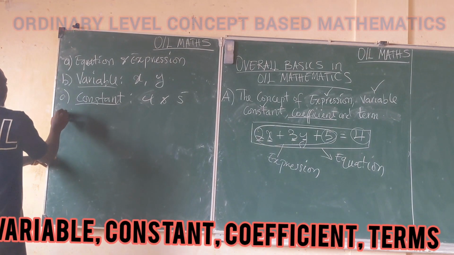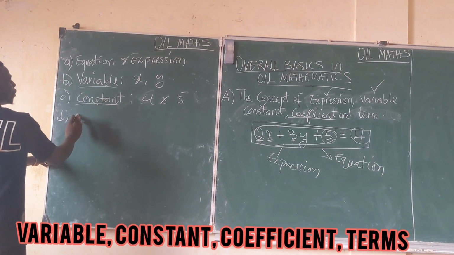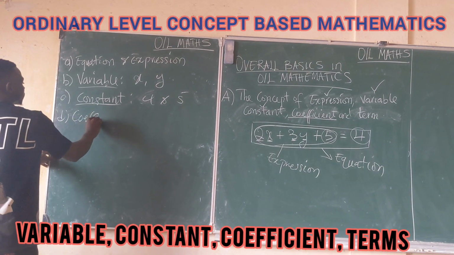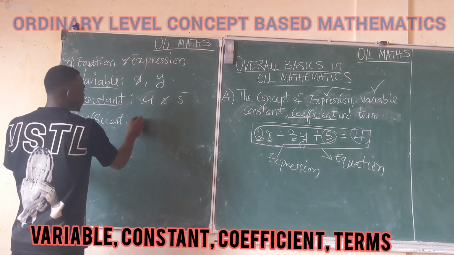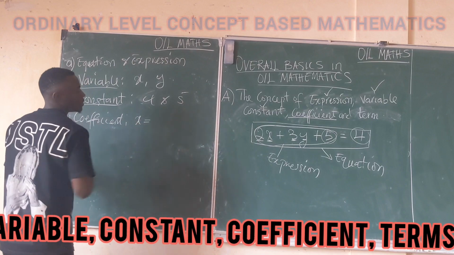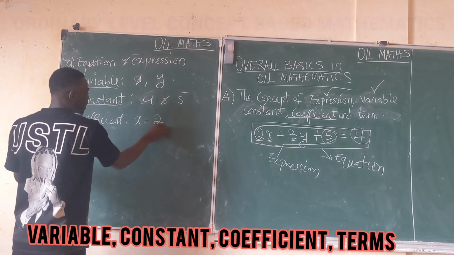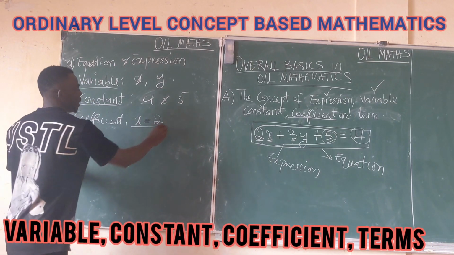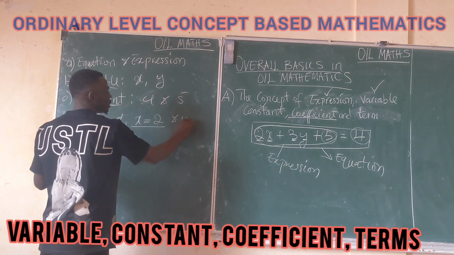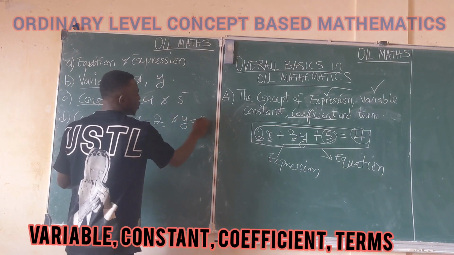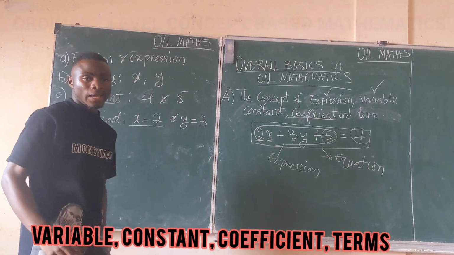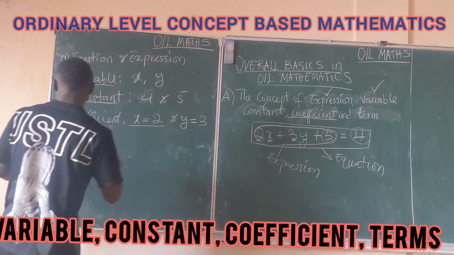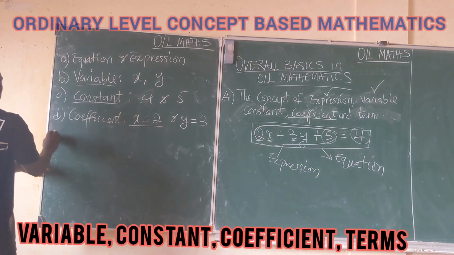So we are going to say that the coefficient of x is 2, the number in front of x, and the coefficient of y is equal to 3, the number in front of y.